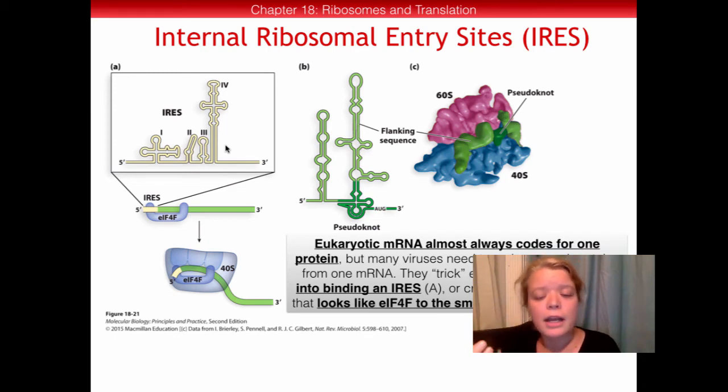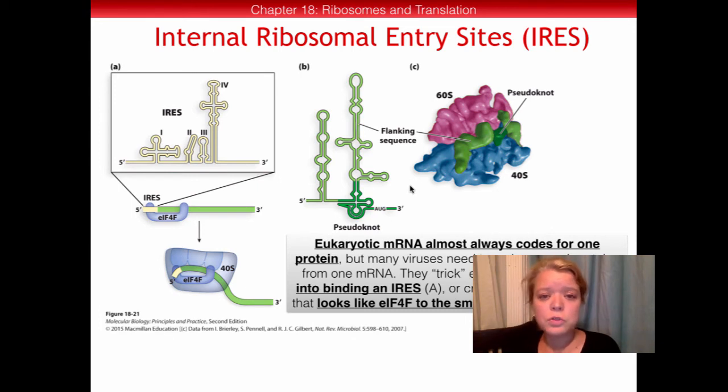So there's two ways that this question can be approached by the IRESes. You can have IRESes that look like the 5' cap for the initiation factor 4F. So instead of just binding the 5' cap, initiation factor 4F also recognizes the IRES, binds there, and that allows for the small ribosomal subunit to bind in that location as well.